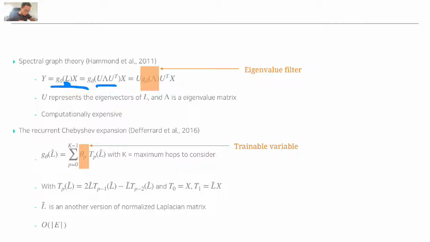It is controlled by the filter. The filter decides which eigenvector is more important and how to use it for your actual prediction. So, some very simple mathematical derivation: G could be put in between U and U transpose, which means it is actually a function of the eigenvalues.